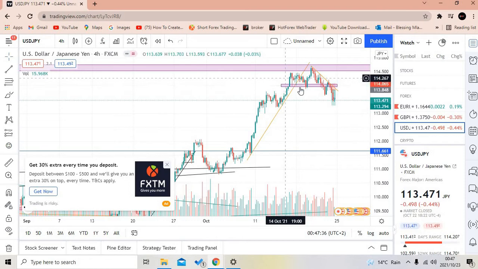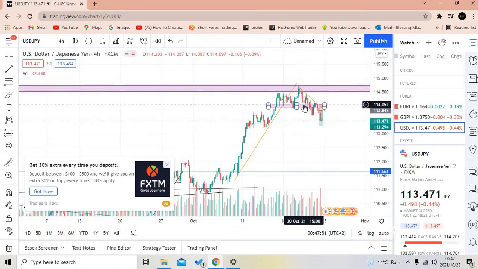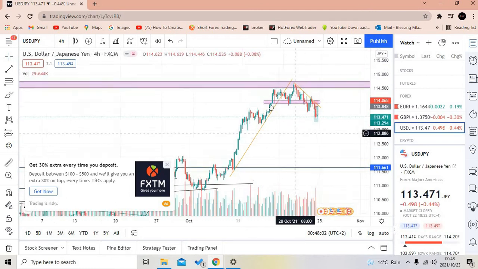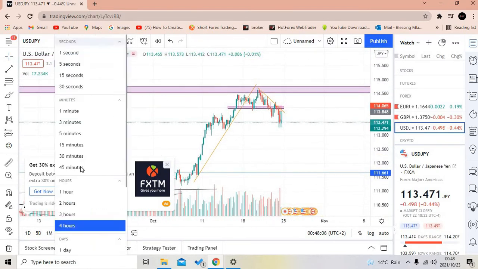You could see that the market was kind of failing to break this area, and it was going to reject, because it came and then went down, and then it came again and went down. So I said, okay, let me wait and see if it's going to break or not. If it does break this area, that means I'm going to take buys, but if it does not, I'm going to take sells.